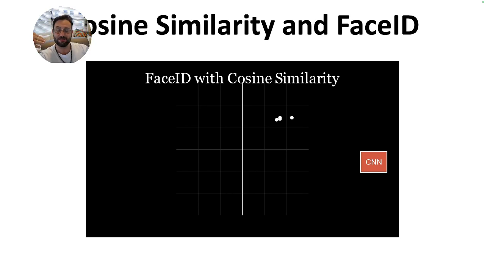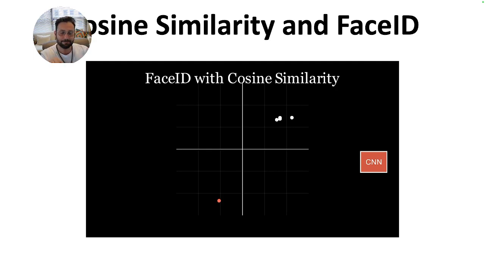But the more important thing here in terms of Face ID is to make your black box, the CNN box, take images of the same person as input and place them on the hyperspace as points that are closer to each other, as opposed to taking the image of this guy and placing it farther from that point.